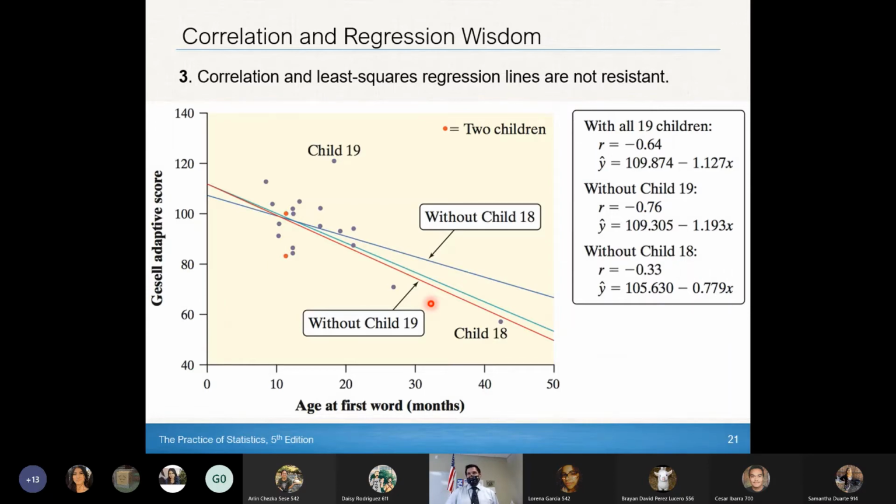Value of R changes and the regression line changes. Right, and we can see the different lines that occur if we remove child 19 or if we remove child 18, and the different values of R and y hat that occur. Okay. So again, these outliers can have a great effect on our regression line and the value of R.